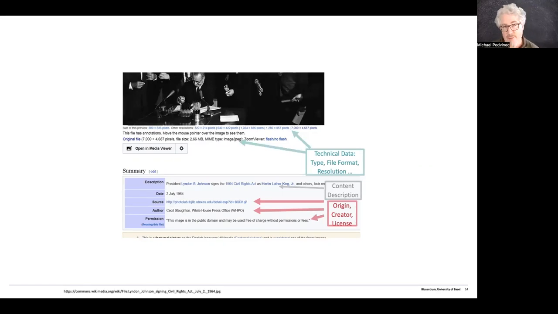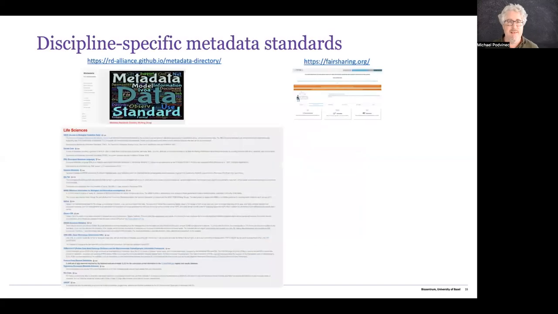So the content will tell you that this is actually Lyndon B. Johnson in 1964 signing the Civil Rights Act, and Martin Luther King is standing behind him, watching over his shoulder. And the image was taken by the press office of the White House, and like all things that have been produced by the US government, this can be used and shared without any restrictions. So also the reuse license is in here. There could be more metadata about this. And this is clearly not a life science example.